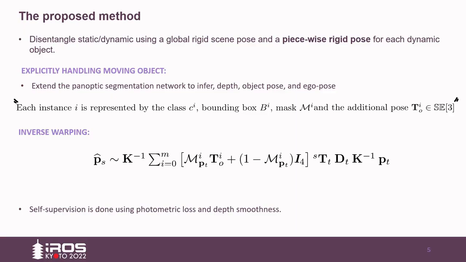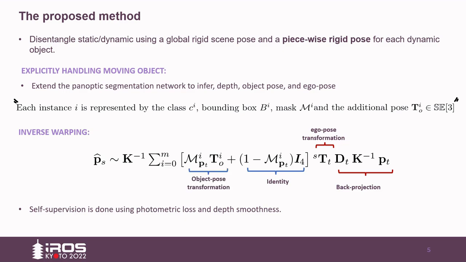The objective is to warp the source images into the target images using the depth and the poses. This inverse warping is defined as follows: first, we backproject the point using the camera parameters and the learned depth. We apply the ego pose transformation. If the point belongs to a static object, we use the identity. And if a point belongs to a moving object, we use the object pose.